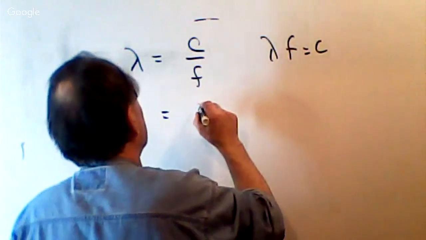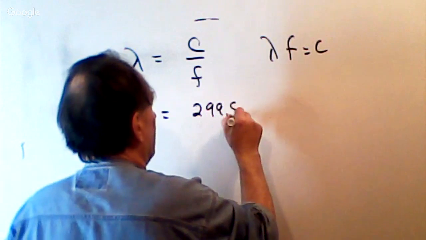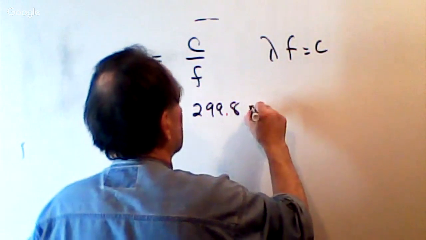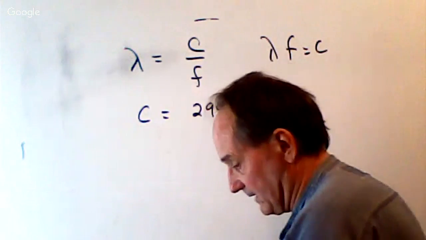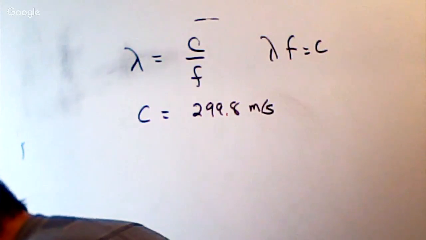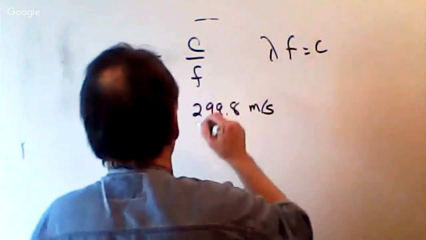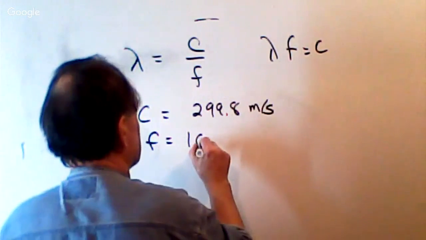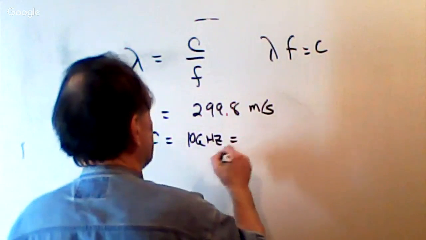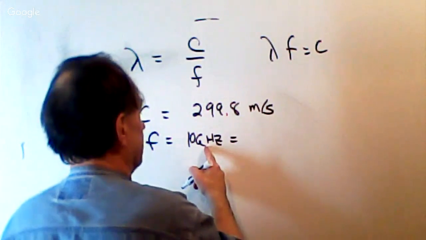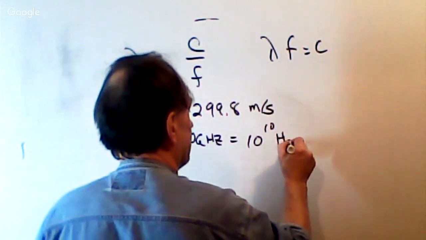The speed of light is roughly 299.8 million meters per second. That's the speed of light. This is C from what we had before. And if the frequency, say, is 1 gigahertz, or let's just say 10 gigahertz, a gigahertz is 10 to the 9th hertz. So this is 10 to the 10th hertz.